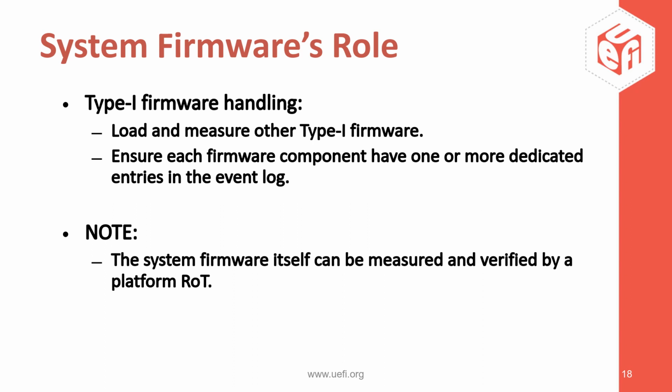Then the DXE firmware loads and measures the PCI option ROM and the OS loader. Ideally, each firmware component should have one or more dedicated entries in the event log, especially the ones from different vendors, so people can know what the information is. And then the system firmware itself may be measured or verified by the platform root of trust component, and we will discuss more in the type 2 firmware.